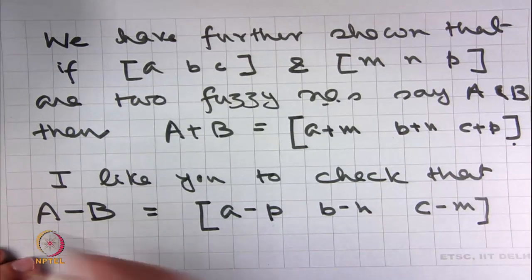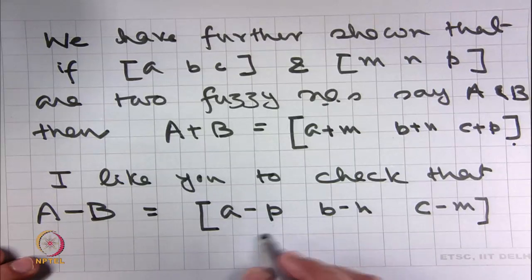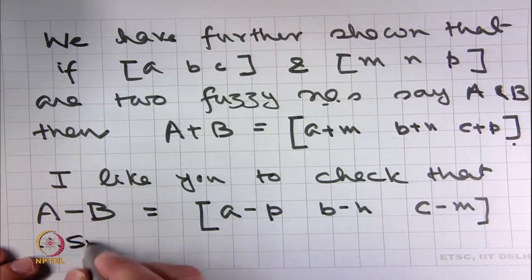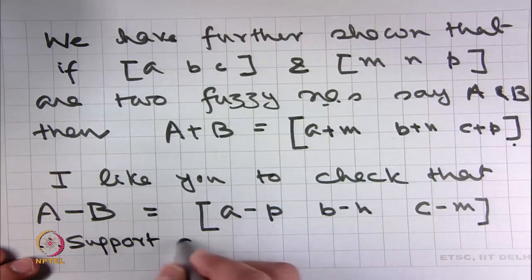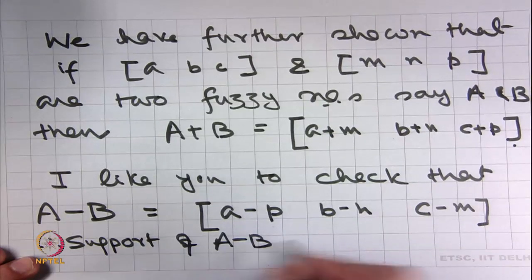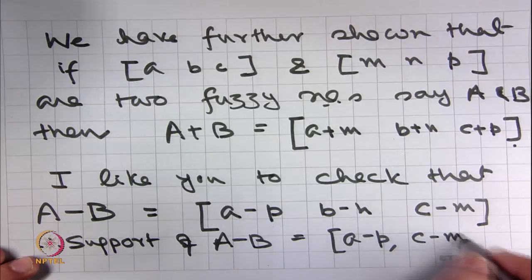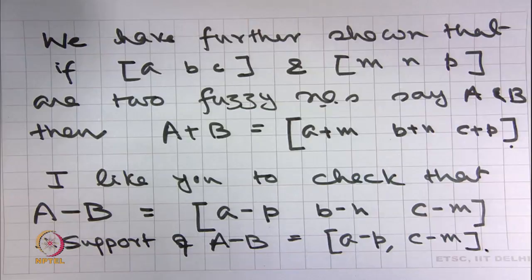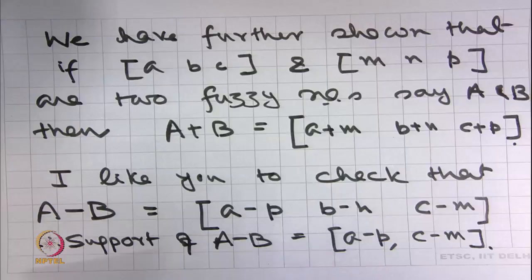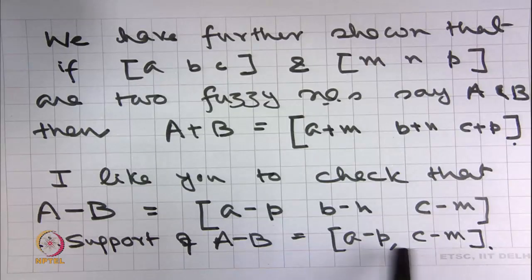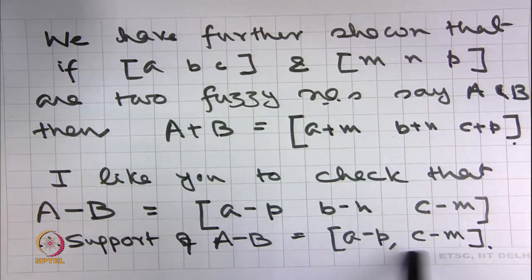Therefore, the support of A minus B is going to be the interval [A minus P, C minus M], and since we know the 3 points of the TFN, we know how to find the membership functions for all x belonging to this interval, and just now I have shown how to calculate that.